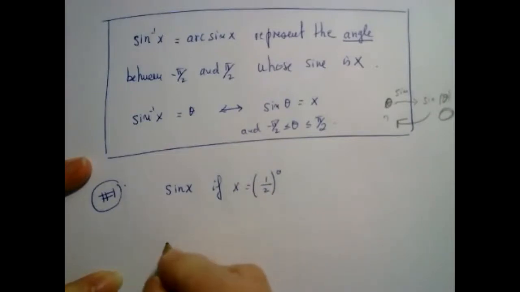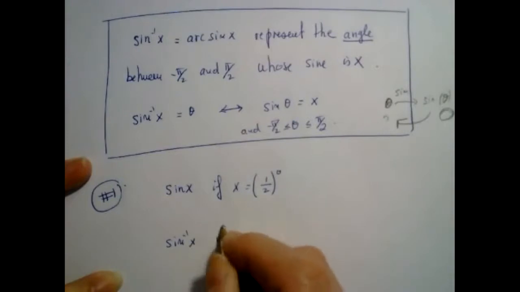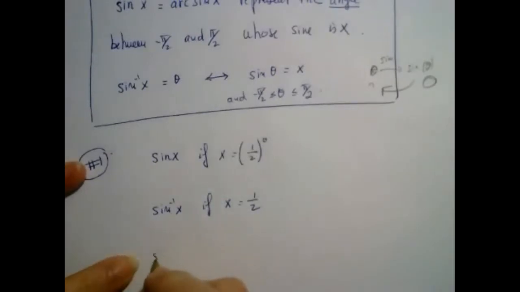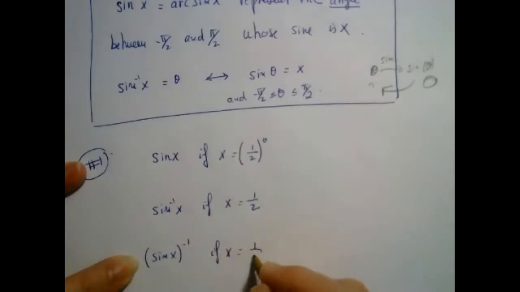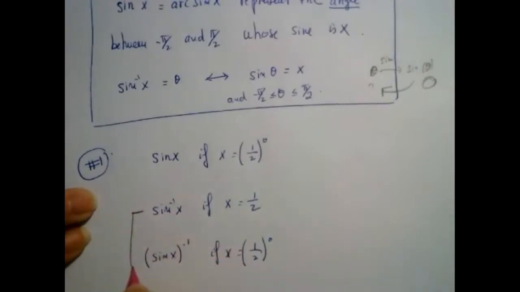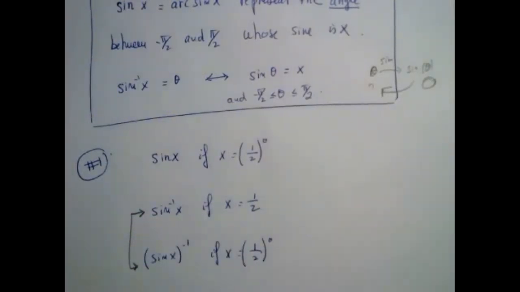Then they ask you, find sine inverse of x if x equals a half. And then they ask you to find sine x to the power minus 1 if x equals a half. The goal of this problem is to help you differentiate between those two notations. That's really the goal of this problem.